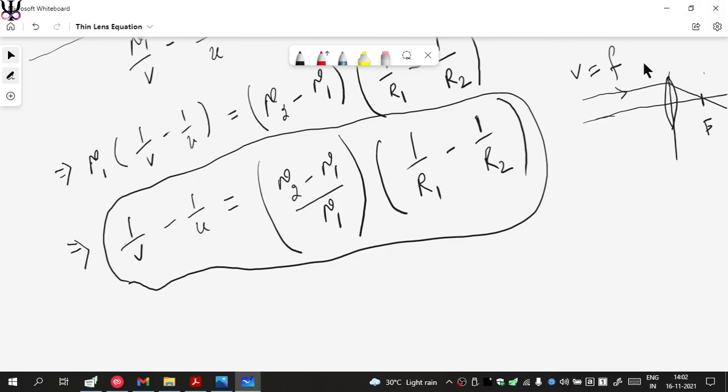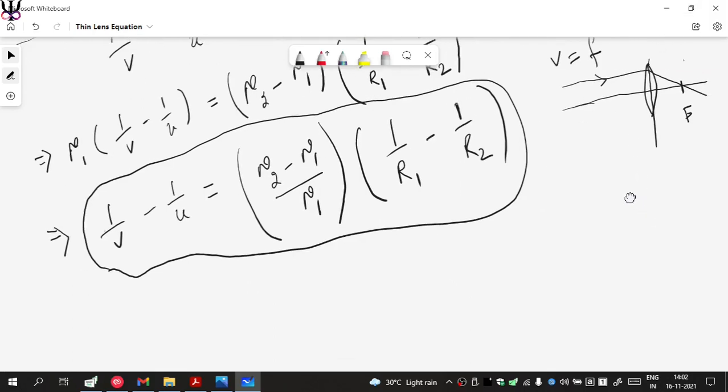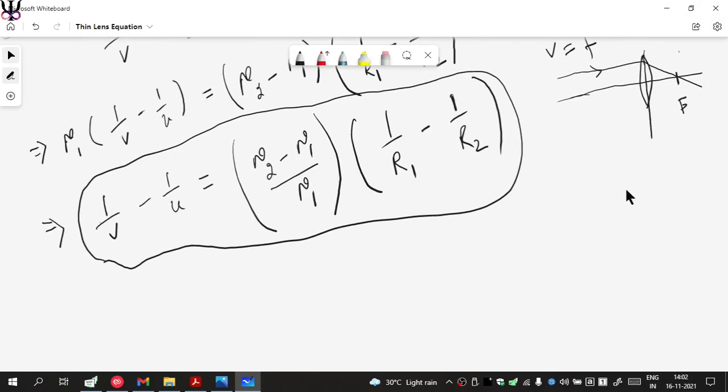And then for paraxial rays, the object appears to be at infinity, so u becomes infinity, so 1 by u tends to 0.